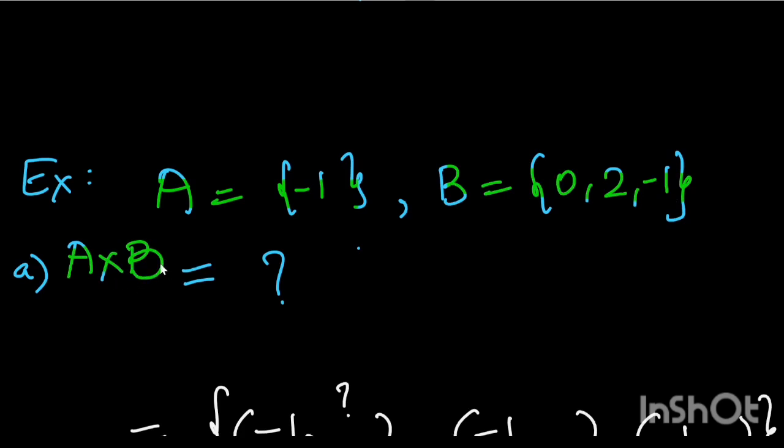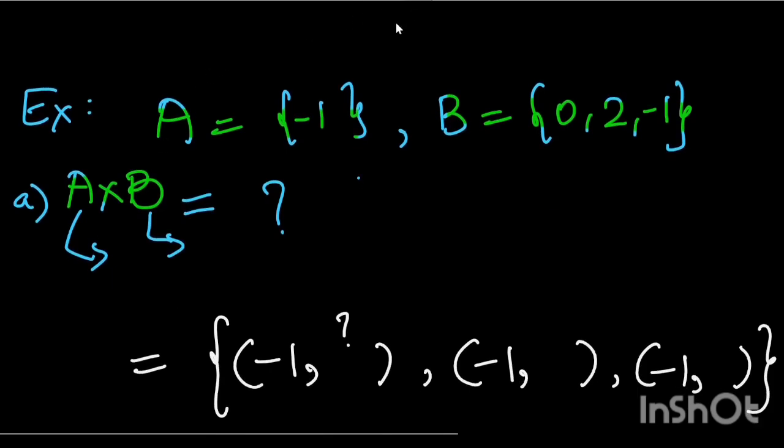So first of all, we will write an ordered pair. In A cross B, the first number will belong to A, and the second number in the ordered pair belongs to B. So the first number, as you can see, is -1, and there is a comma. So the question arises, what is the number after the comma?